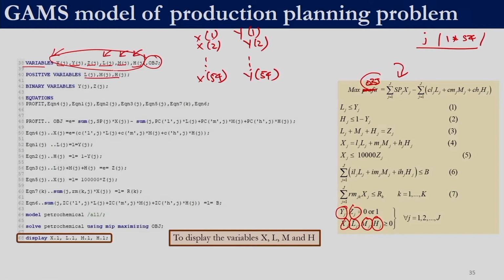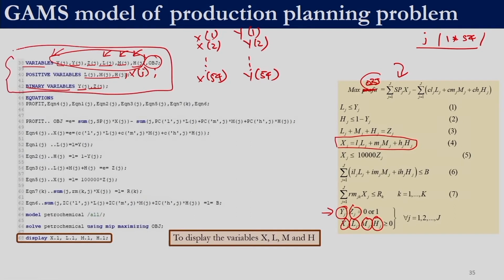Once we say lj, mj, hj are positive variables, in view of this equation, xj will also be positive, or we can even give comma x of j over here and then a semicolon wherein we define all the positive variables. Yj and zj are binary variables which we have, right. So, we have this keyword binary variables and have y of j comma z of j and then end it with a semicolon. So, in this block we have defined all the variables and their types, right.